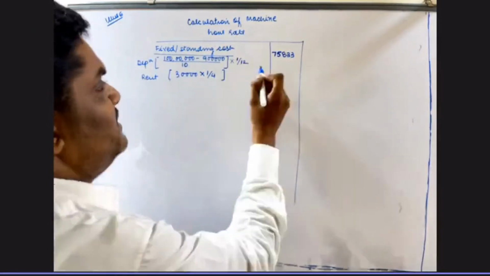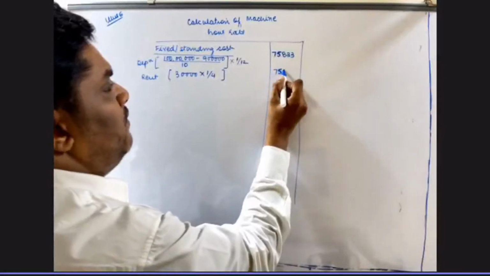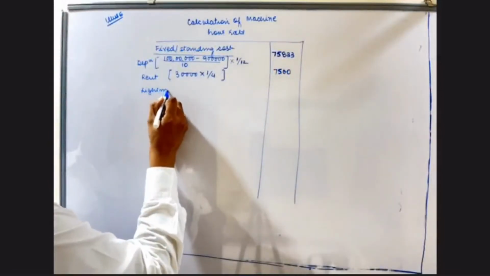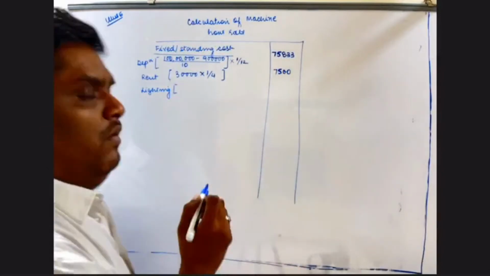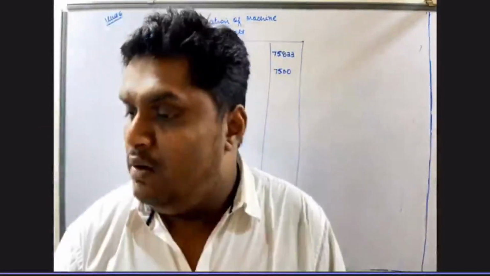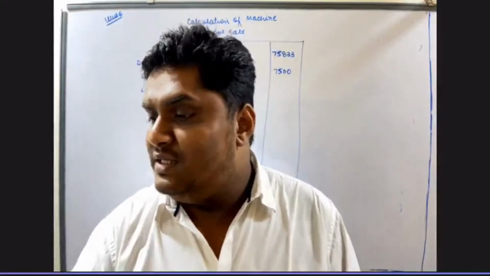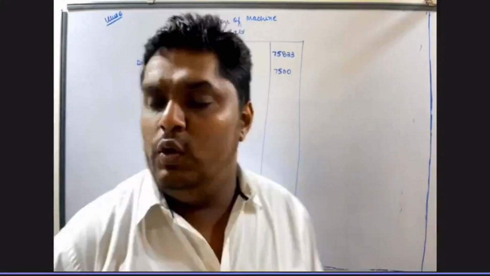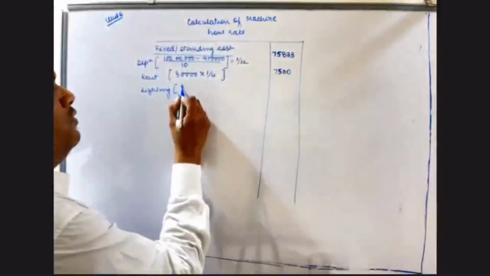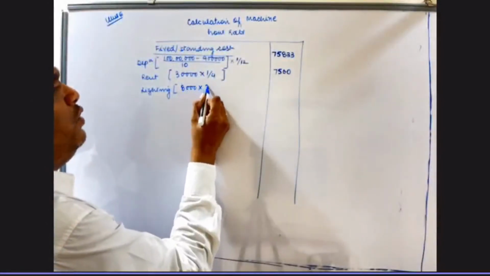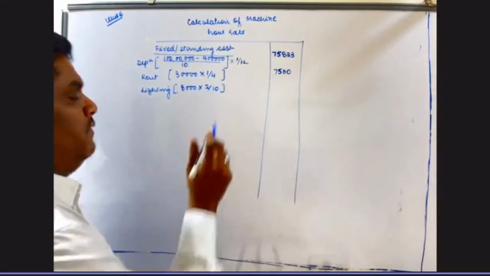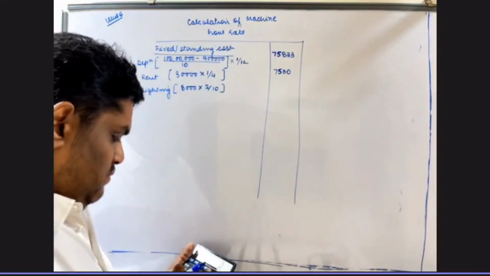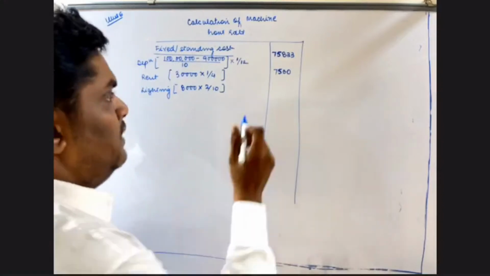This will be 7,500. Further, lighting. The lighting charges are 8,000 per month and the machine has 2 points out of a total 10 for lighting. So 8,000 into 2 divided by 10. This will be 1,600.